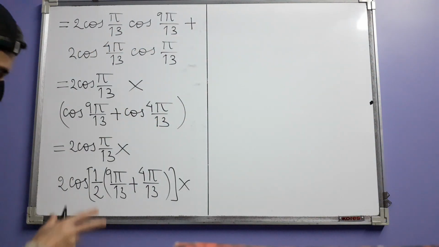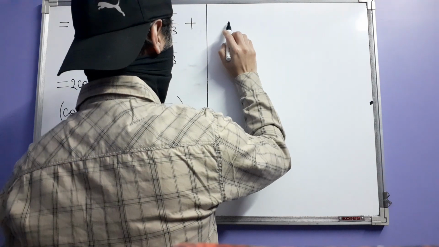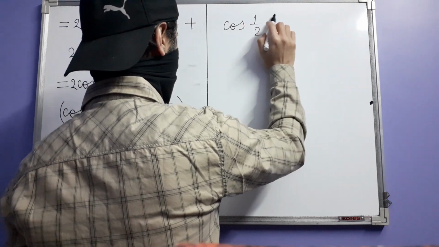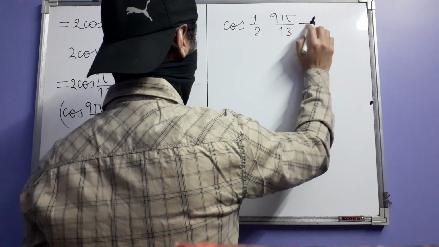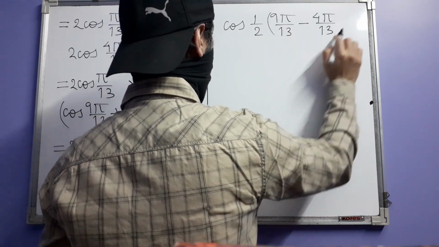So that other cos term will be like this one, but here there will be a minus instead of plus. Minus 4 pi over 13.